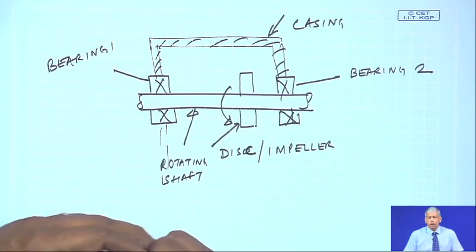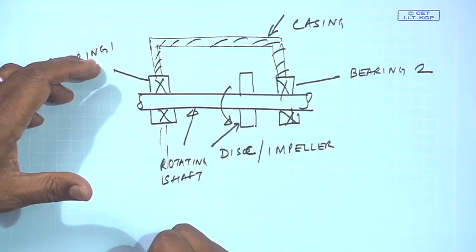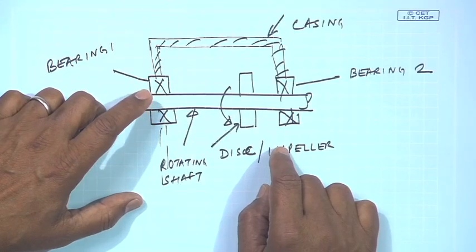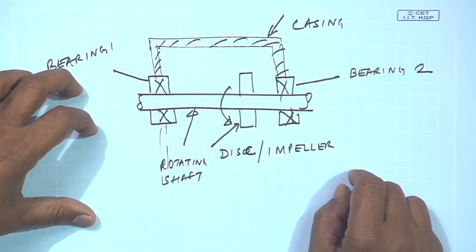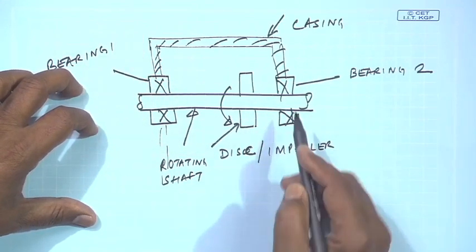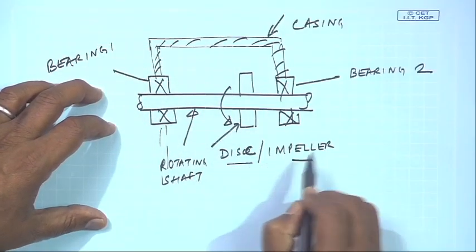Now, in rotordynamics, if you think of any machine, be it an electric motor, a pump, a gearbox, or an IC engine, each one of them consists of a shaft, and the shafts will not be there in air, they are supported on bearings. When the shafts rotate, they could be carrying a disc or an impeller.